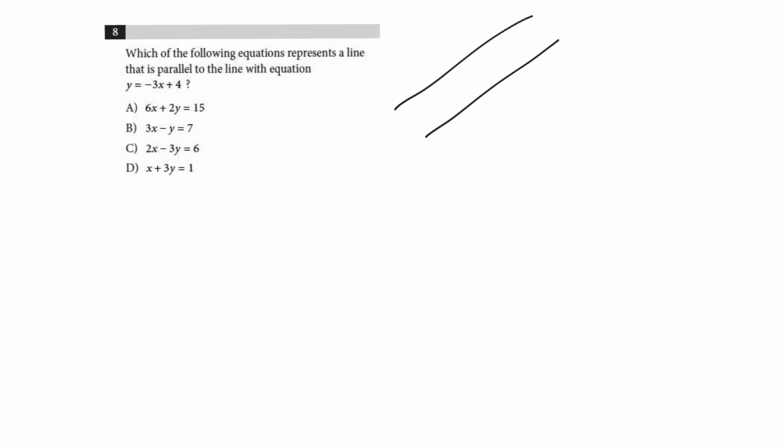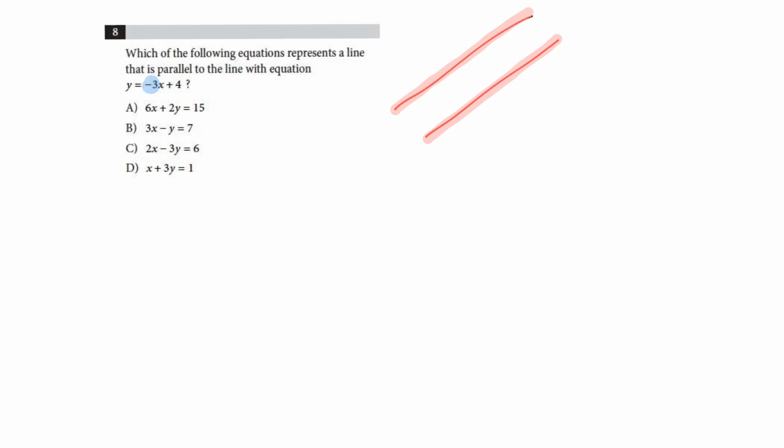The slope of this line has to be the same as the slope of this line. So we want to pick the equation with a slope of negative 3.